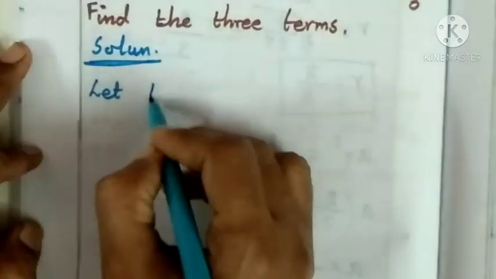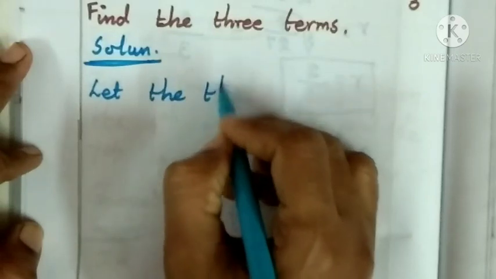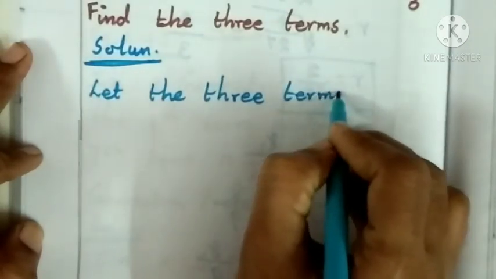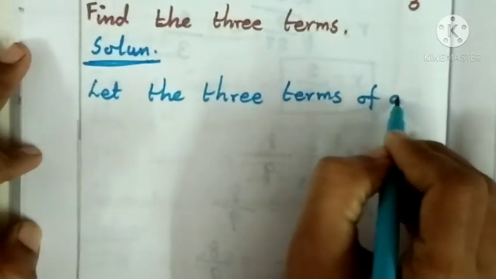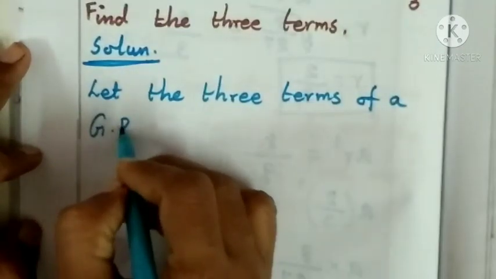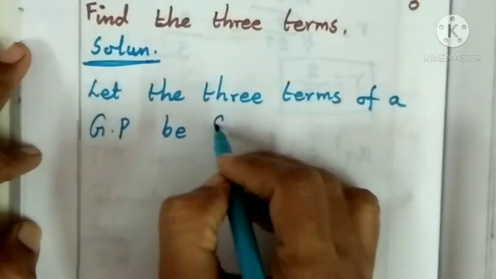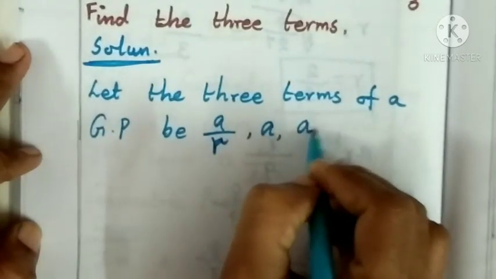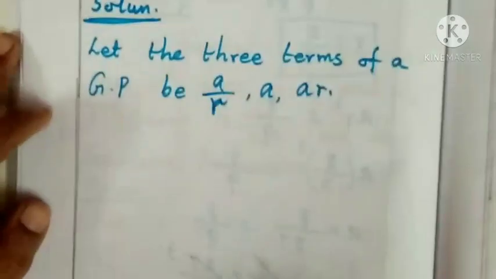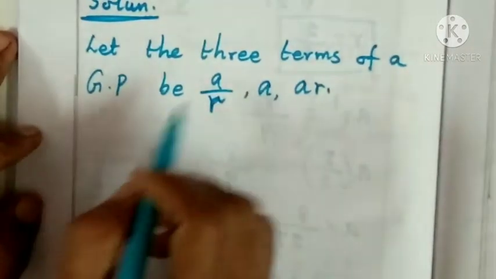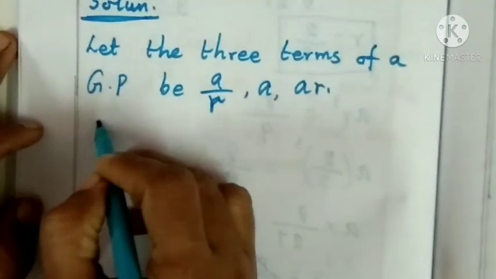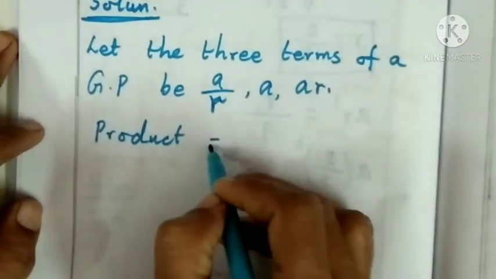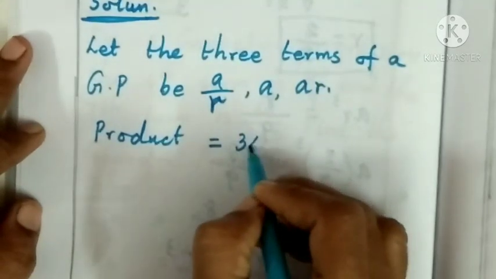Let the three terms of a GP be a by r, a, ar. Now you write down the given, that is, product of three terms is equal to 343.